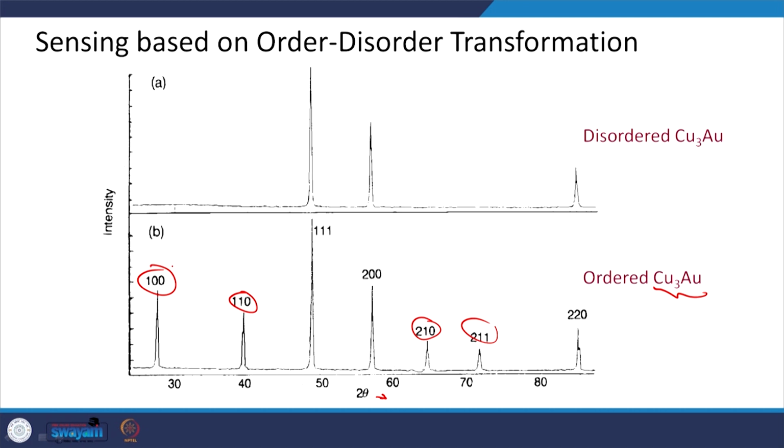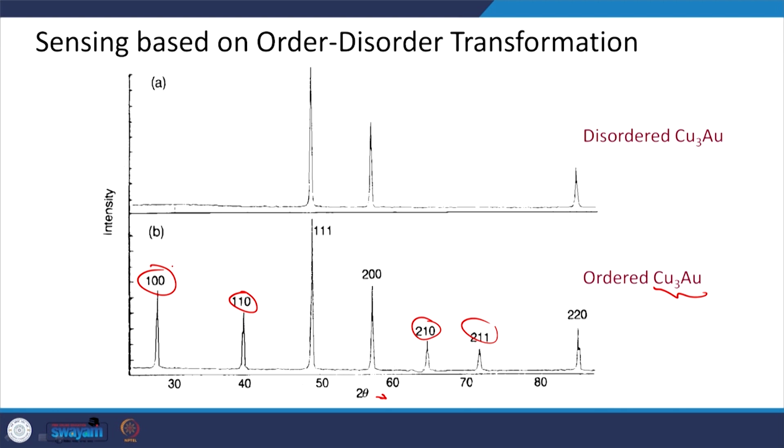Suppose there is a gas, or let us say temperature. You can measure temperature by using this on or off state, ordered or disordered state, and also the degree of disorderedness will give you a function of the measurand, because the relative intensities will change.